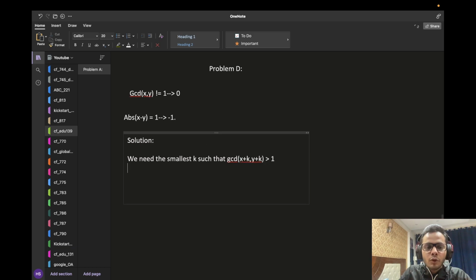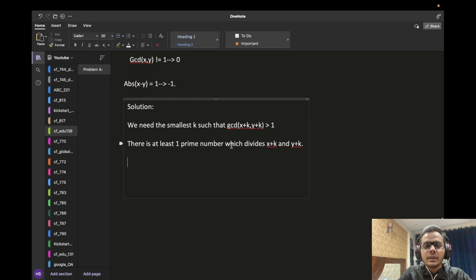What does that mean? It means that there is at least one prime number which divides both x plus k and y plus k.